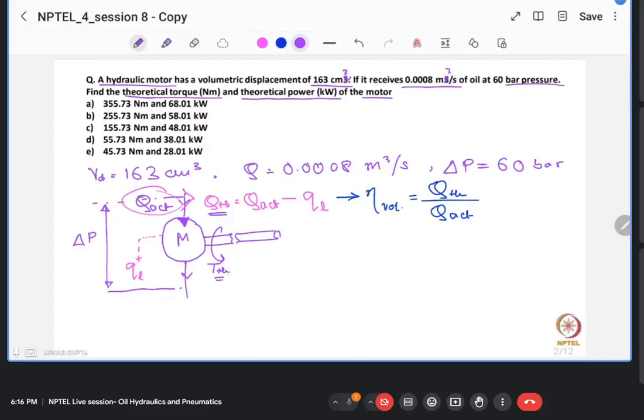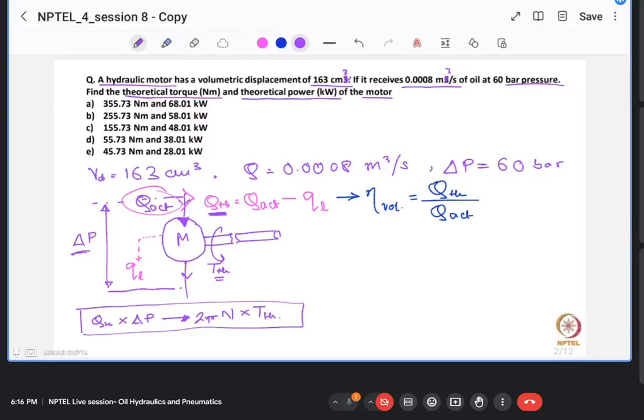So the fluid energy corresponding to this particular flow and pressure. Basically your Q theoretical multiplied by delta P is completely getting converted into 2 pi N T theoretical. So here we are not considering any loss, like there is no conversion loss.